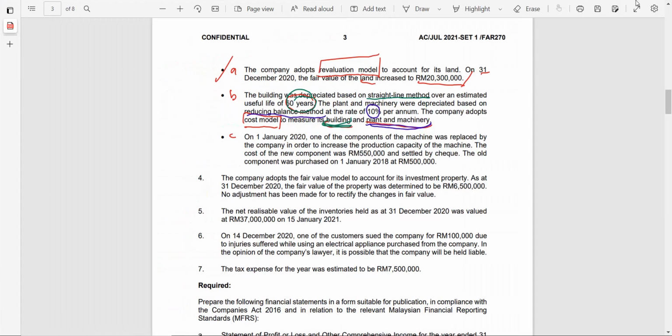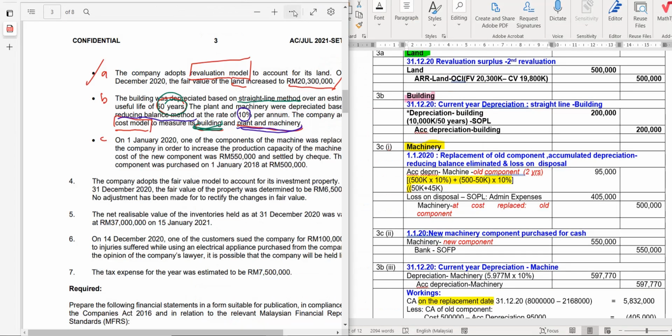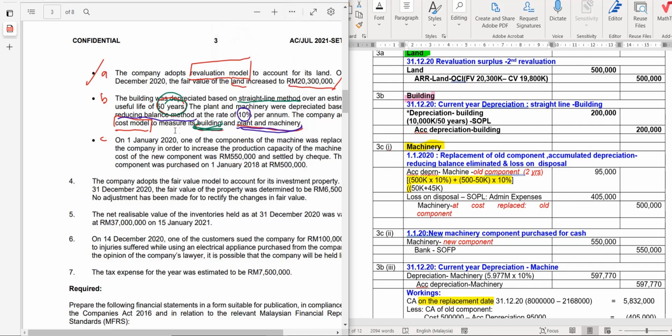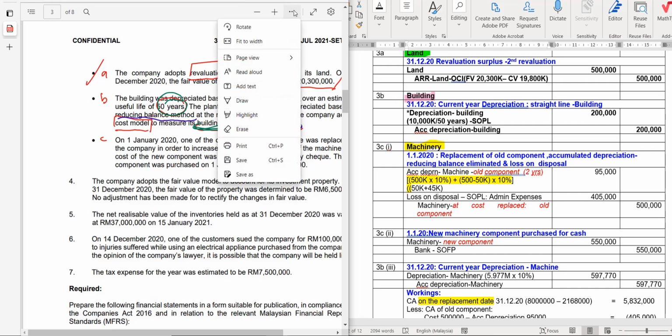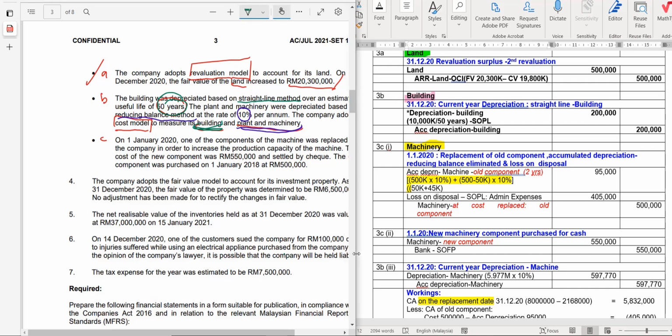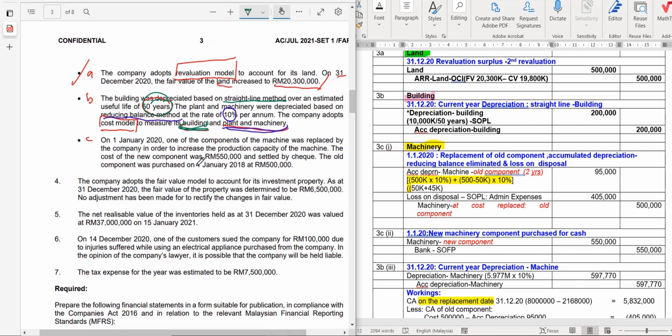For the machine, you would see that on 1st of January 2020, which is at the beginning of the year, one of the components of the machine was being replaced. What was the reason it was being replaced? It was being replaced to enhance the production capacity. So there was a new component.